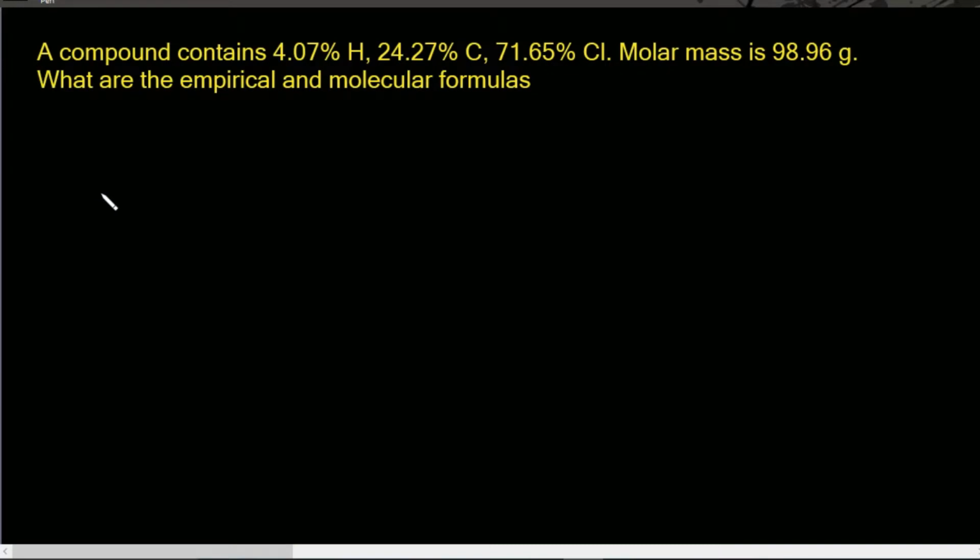The problem states that a compound contains 4.07% hydrogen, 24.27% carbon, 71.65% chlorine. Given the molar mass is 98.96 gram, what are the empirical and molecular formulas? Since we have mass percentages, it will be convenient to use 100 gram of the compound as the starting quantity.